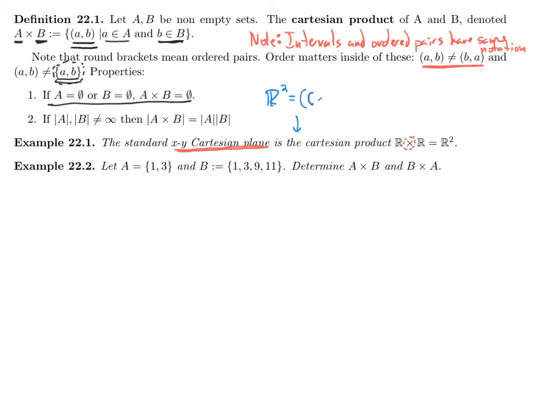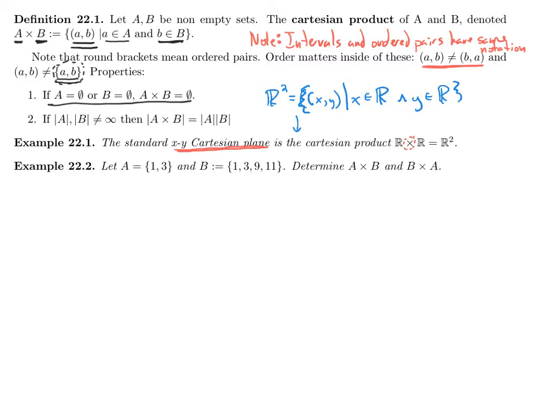That's all pairs x and y such that x is an element of R and y is an element of R. Oh, this should be a curly bracket, actually. And that's the most familiar one that people have seen. But you can do this with any sets.